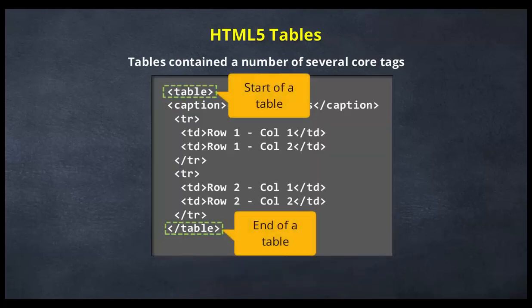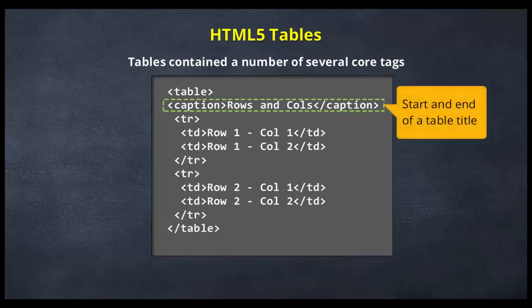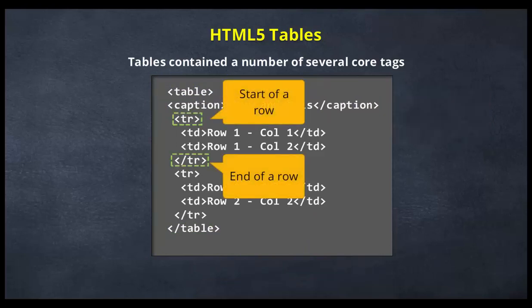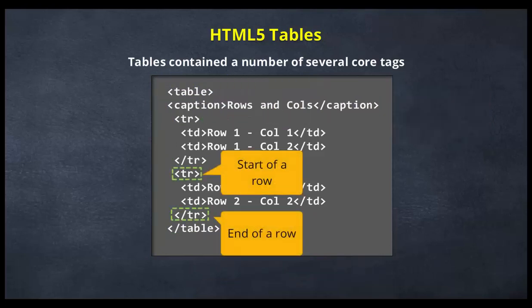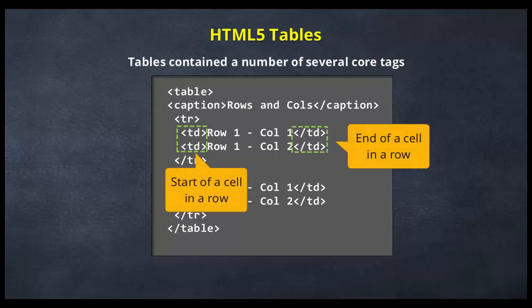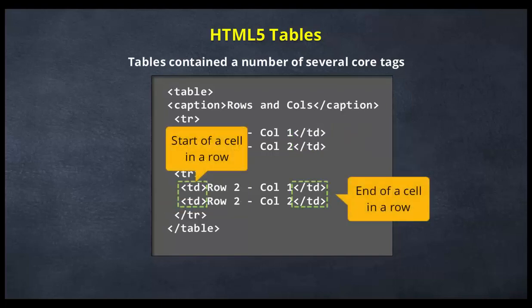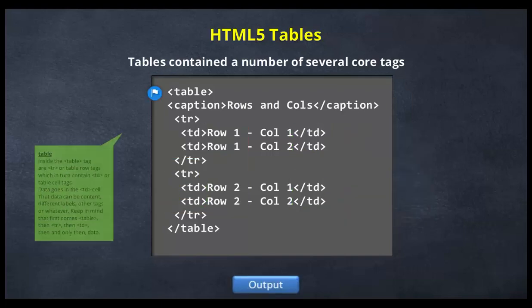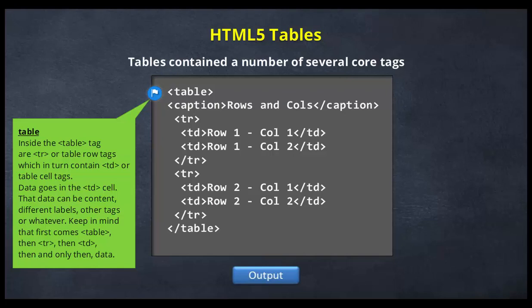The following example illustrates the several core table tags and displays the information of rows and columns with the title of the table. Inside the table tag are TR or table row tags, which in turn contain TD or table cell tags.